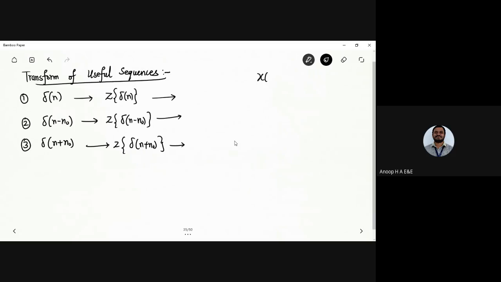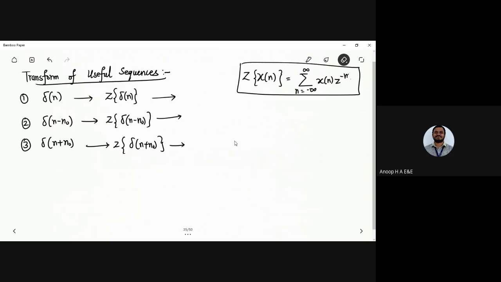Before I go to the next few topics, I want you to remember the formula again. I'm stressing on it, just to ensure that you don't forget the formula of the z transform, which is also expressed mathematically. Sorry, this is minus n, so it is z power minus n.